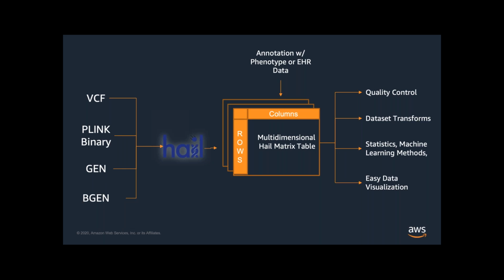Or, we've seen other teams combine whole genome sequencing with full EHR data from a patient's longitudinal, lifetime in their clinical studies. So you can do all sorts of different analyses in there. And what's great is that HAIL was designed for genome-wide association studies.